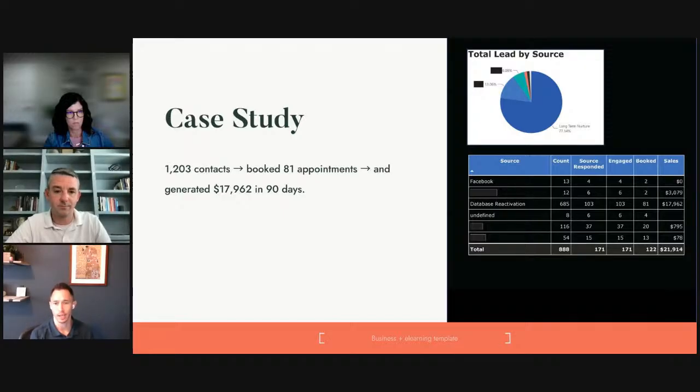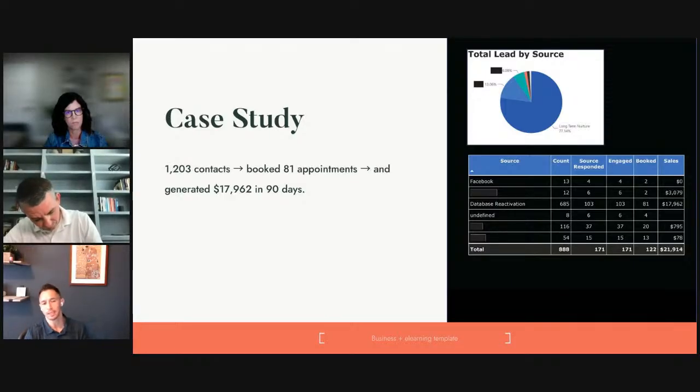And of those, we had some pretty high response rates. We had about half of them, really close to half of them, respond in a positive way. Now, that response rate, where you see count on this right-hand column here, where it says 685 under database reactivation, those are people who, of those 1,200, said, I'm interested in what you have here, or, tell me more. So they leaned in and said some very short yes of some kind to continue the conversation.